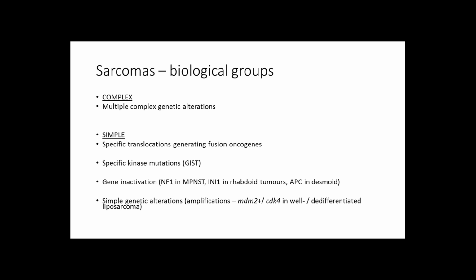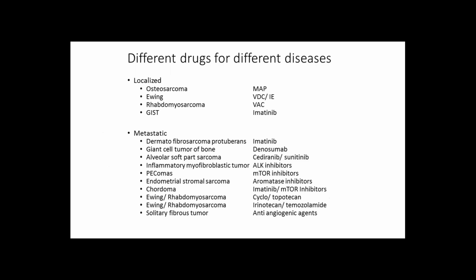And lastly, there are tumours characterised by just simple genetic alterations, and these include amplifications of MDM2 and CDK4 in well-differentiated and dedifferentiated liposarcoma. And in the past, particularly for soft tissue sarcomas, all of these different types of tumours have been lumped together for the purposes of clinical trials and research.